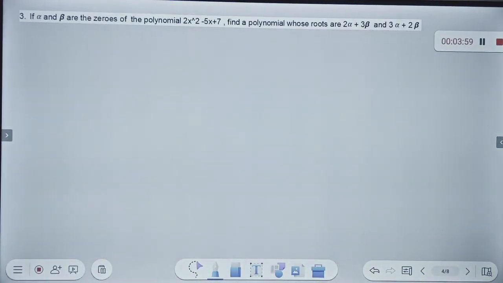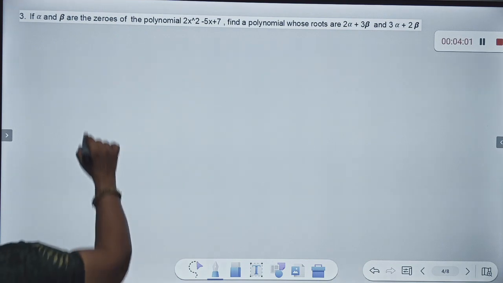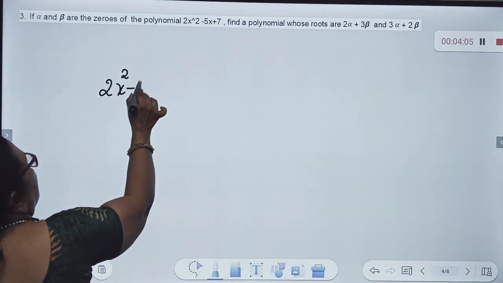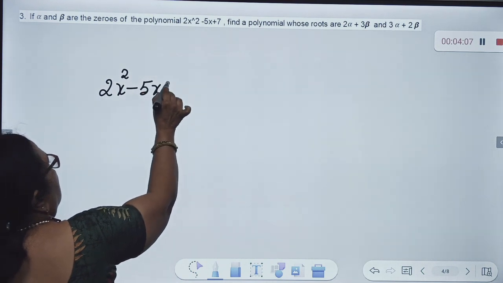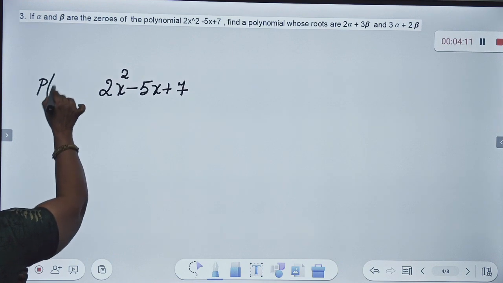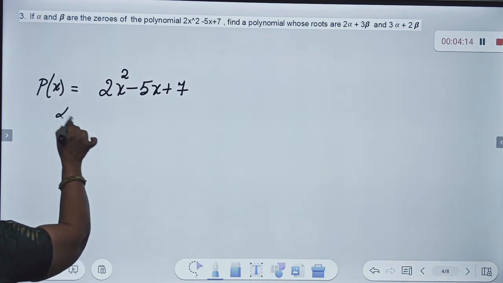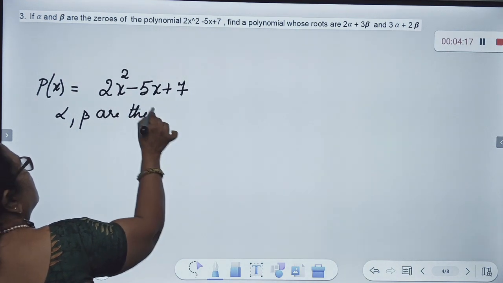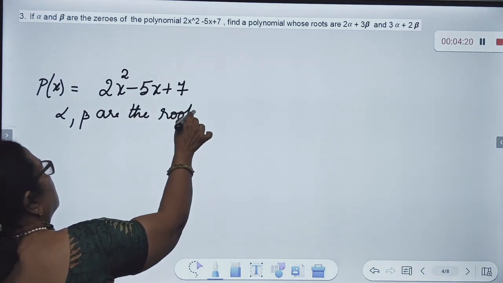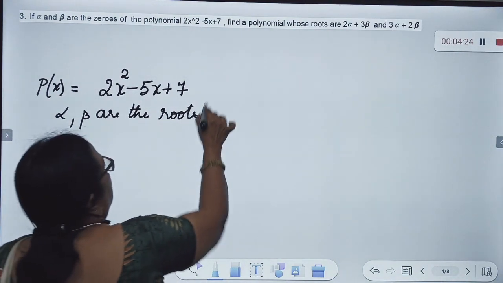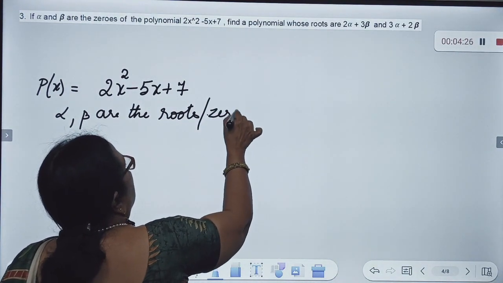Now, if alpha, beta are the zeros of the polynomial 2x square minus 5x plus 7, you have a polynomial p of x. Alpha, beta are the roots, or the zeros, since it's a polynomial.